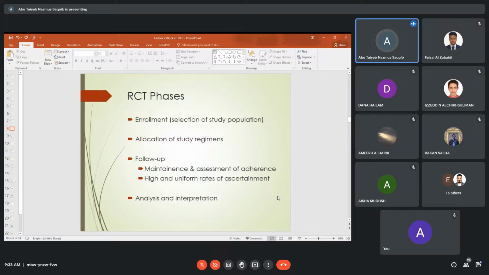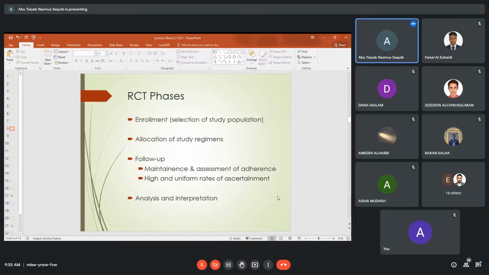And during this follow-up time, you have to assess whether the intervention group is really doing the intervention and the control group is not doing the intervention. You have to check both groups.